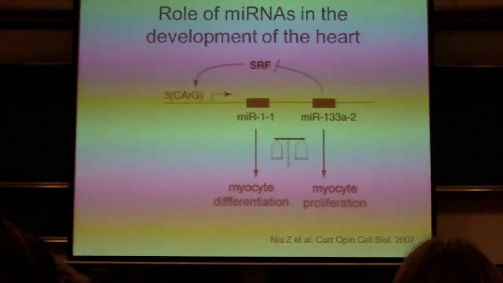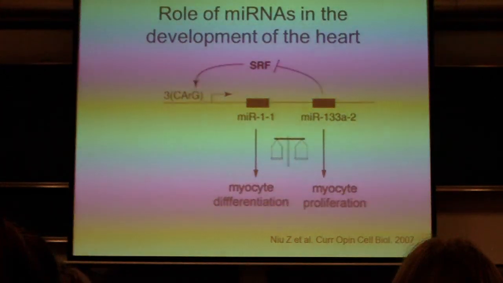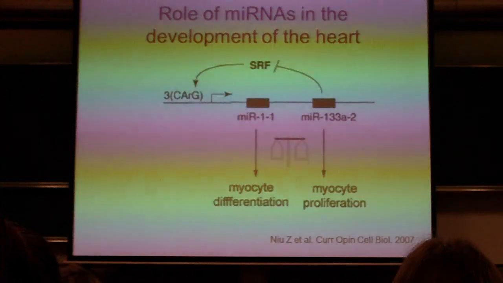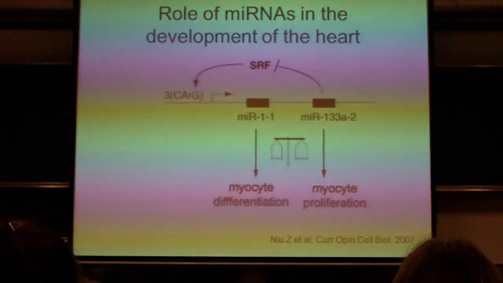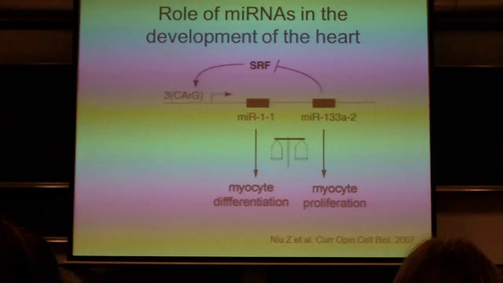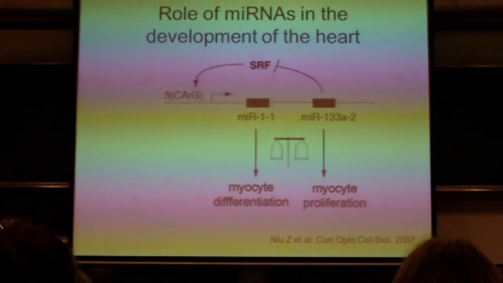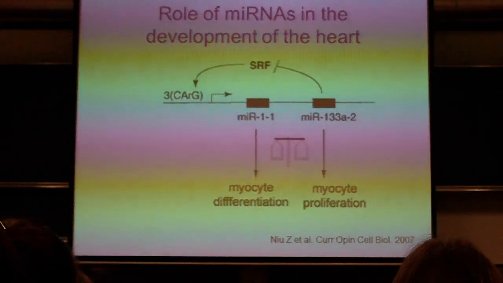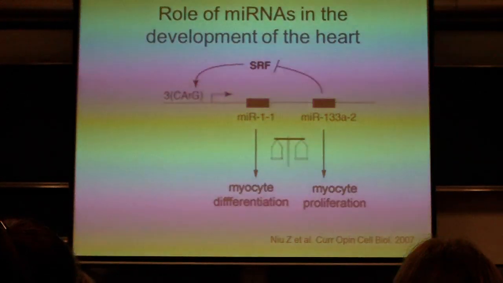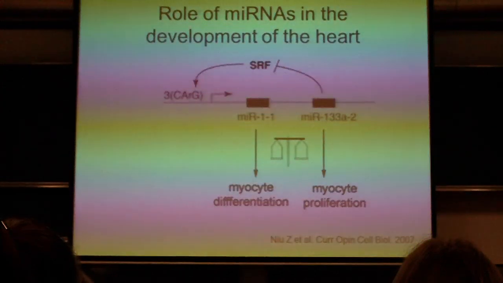This is a way for the heart to balance between differentiation and proliferation of myocytes, which is very important in the development of an organism, because initially the heart needs to grow, so proliferation is more important, and in a later stage these myocytes need to develop into a more adult phenotype, and then differentiation is more important.